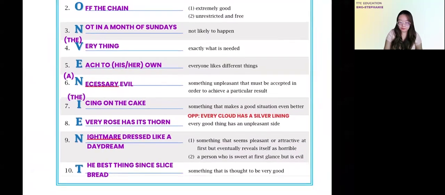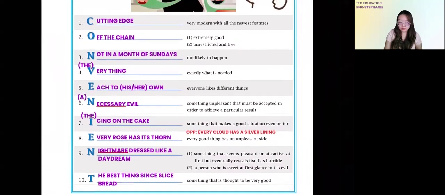Okay. Maybe just zoom out a bit for you to be able to see the whole thing. So: convenient, branch out, cutting edge, off the chain, not in a month of Sundays, the very thing, each to his or her own, a necessary evil, the icing on the cake, every rose has its thorn, a nightmare dressed like a daydream, and also the best thing since sliced bread.